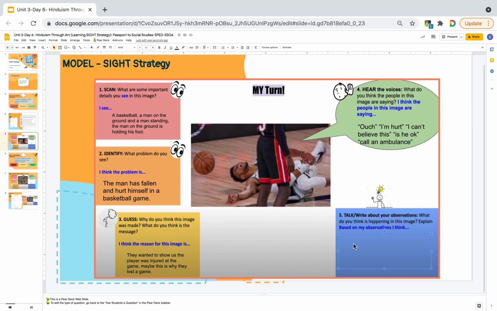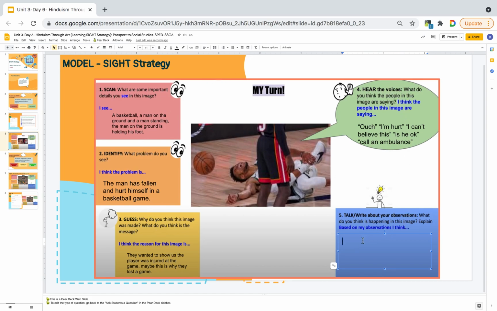Finally, we want to be able to talk or write about our observations. Usually we're going to write down our observations first here in this box, and then our teacher is going to ask us to share out or to talk about what it is that we observed. So what do you think is happening in this image? Explain. And we're going to answer this based on everything that we've collected so far.